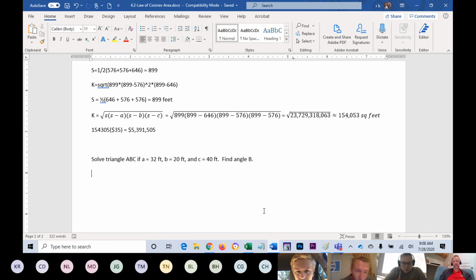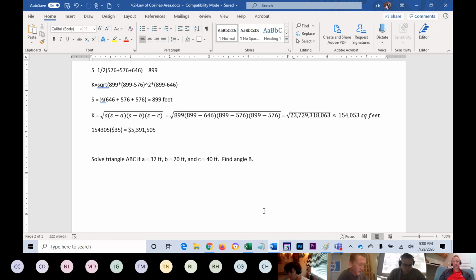Solve triangle ABC. Let me just draw this real quick. Okay, so we have 3 sides. And which law are we going to use?